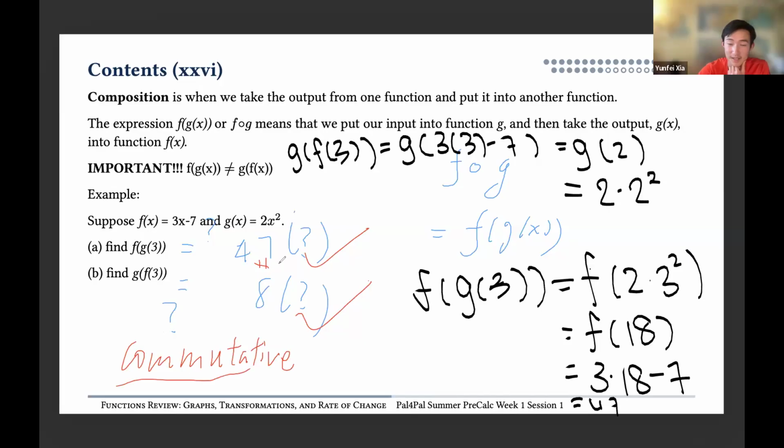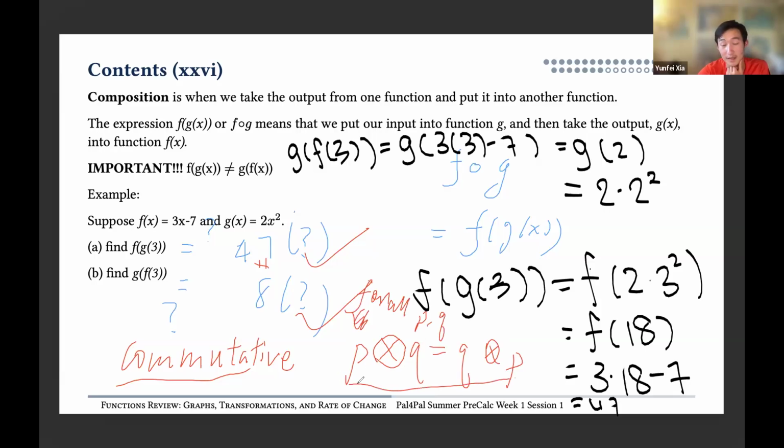Commutative means: consider an operation, let's denote it like this, and assume it is not XOR. For this operation, if P this thing Q is equal to Q this thing P for all P, Q, then this operation is commutative.